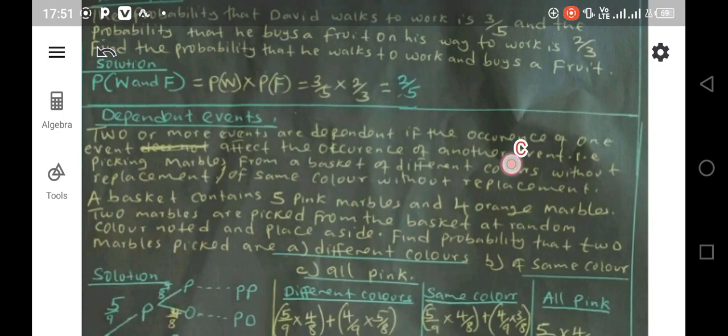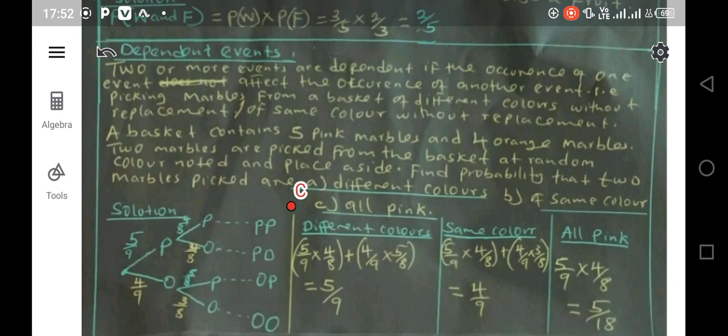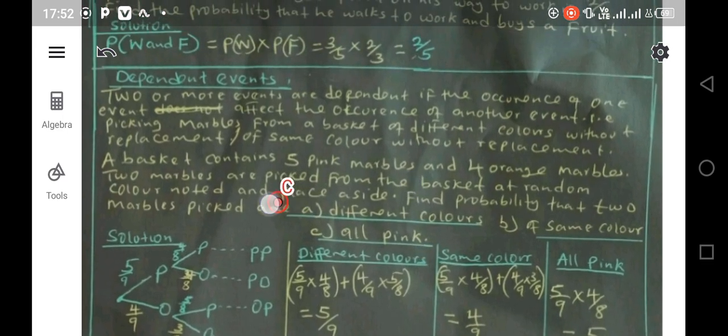If I want to take 1 mango, the sample space was 4. If I take 1 mango, I remain with 2 over 3. So the first chance has happened and affects the next event, without replacement.